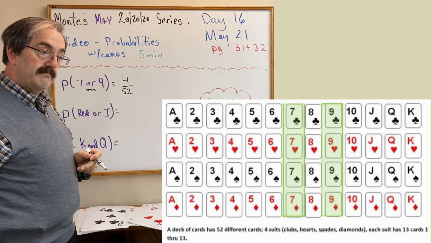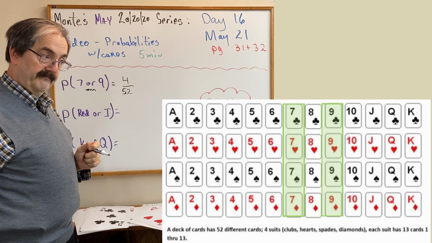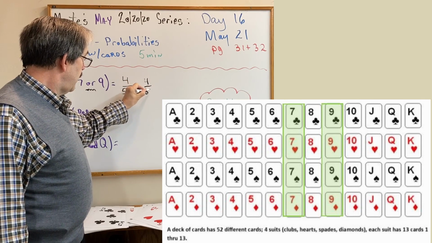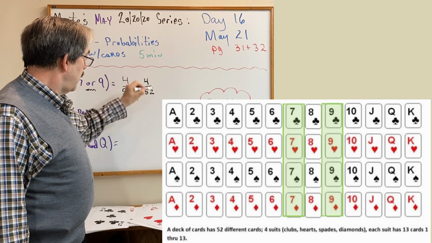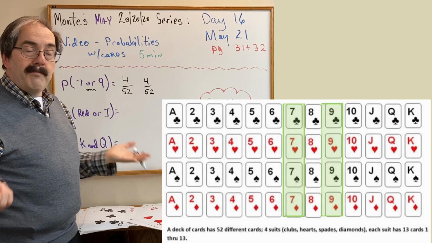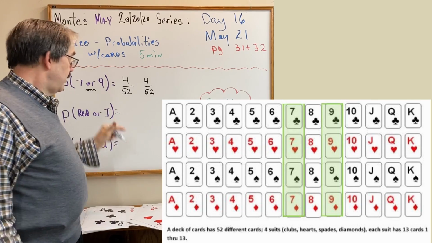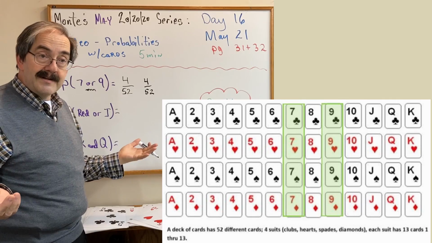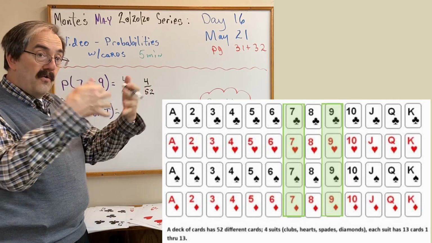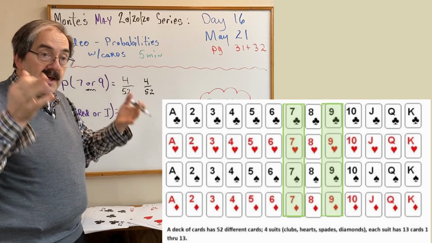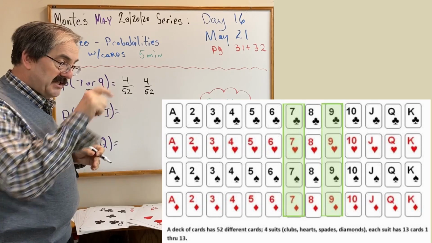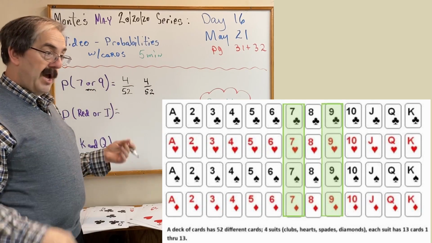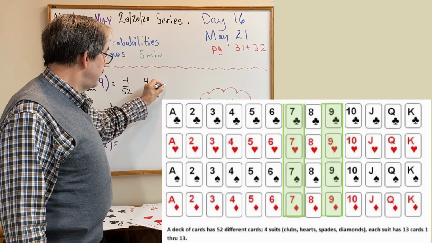How many 9s? 4. Now, how many total cards fit the scenario? 8. And there's no overlap. There's no confusion. There's just 8 possible chances if I reach in and pull out a 7 or a 9.